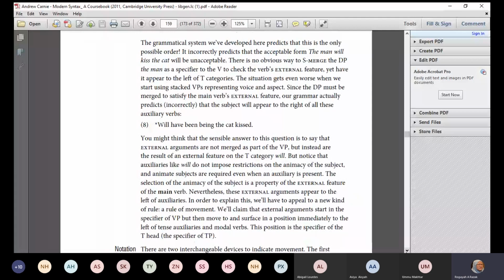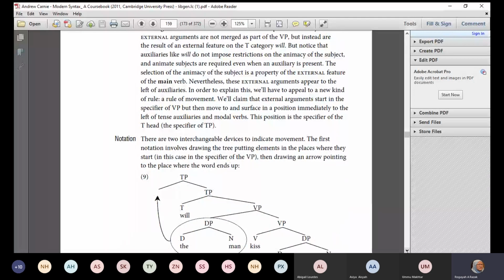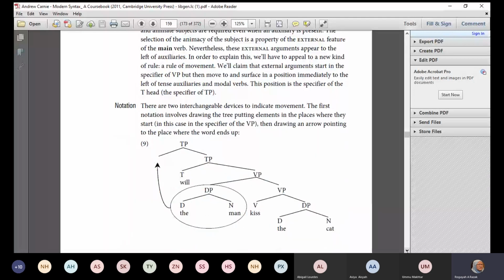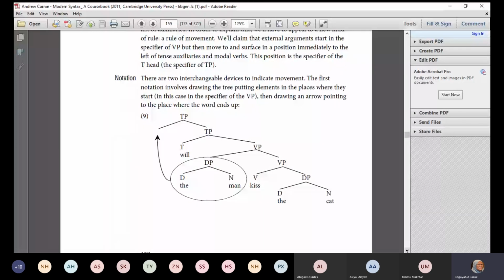Then he talks about, but look at the 3 diagram at the bottom. This is what will happen. So just now we have the TP, will, tense, will, and then you have the subject which is under the VP.